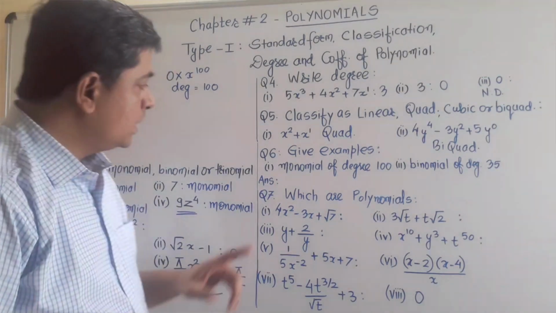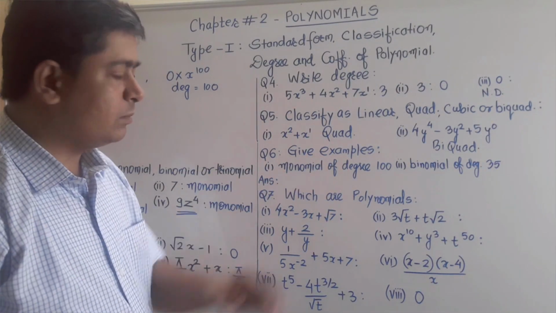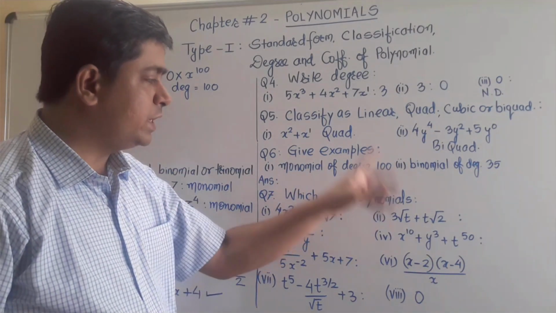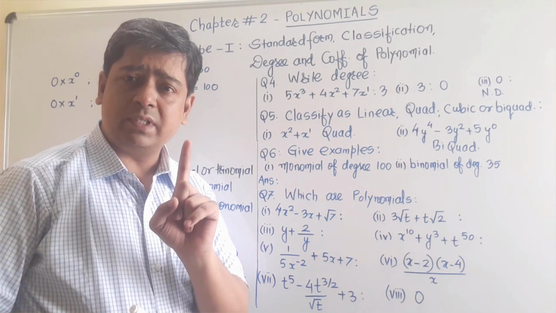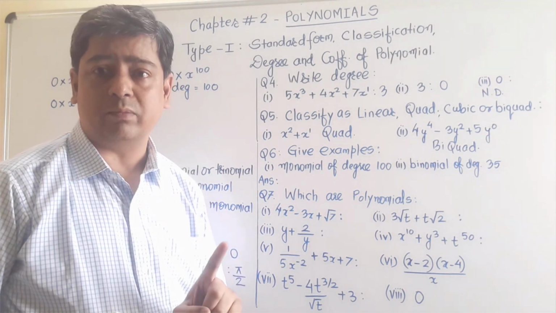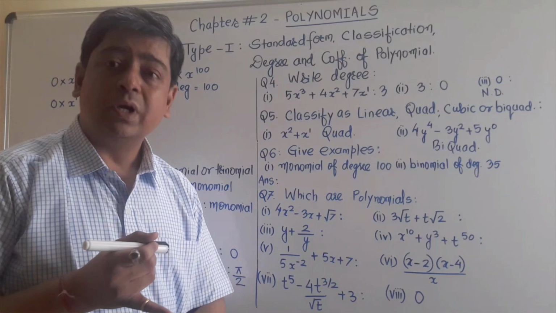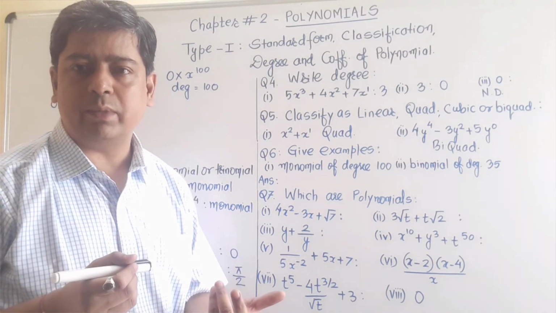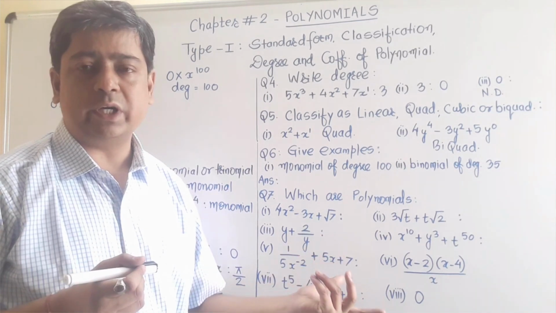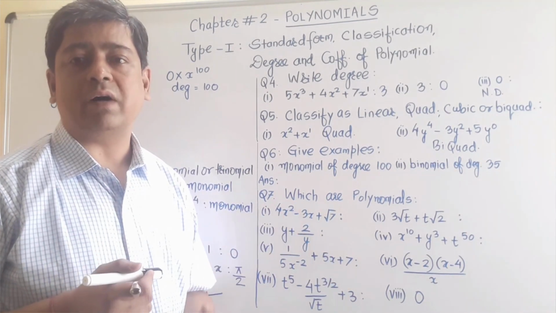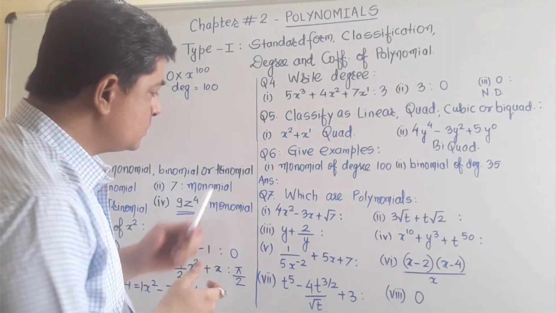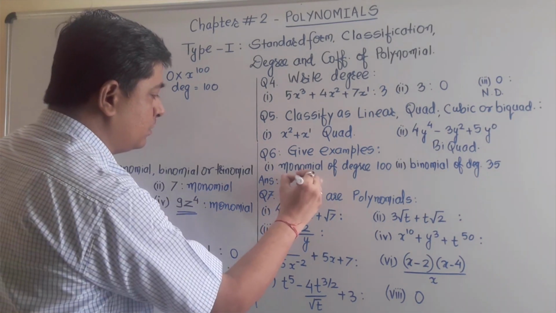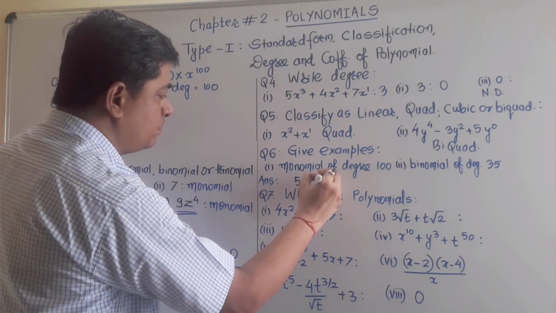So see, they are saying give the example of a monomial of degree 100. Monomial means it can contain only one term, but that term's power of variable should be 100. So only one term, we need to insert one variable and that power should be only 100. For example, I write here 5x to the power 100.